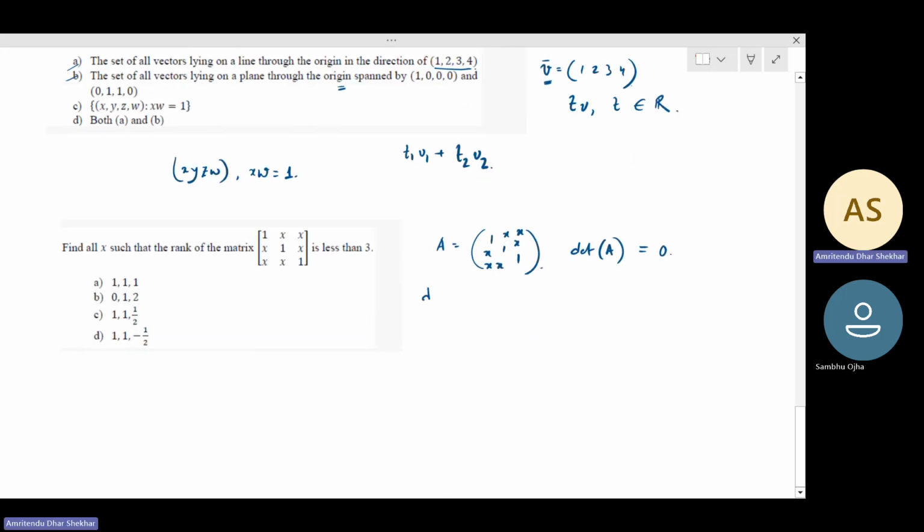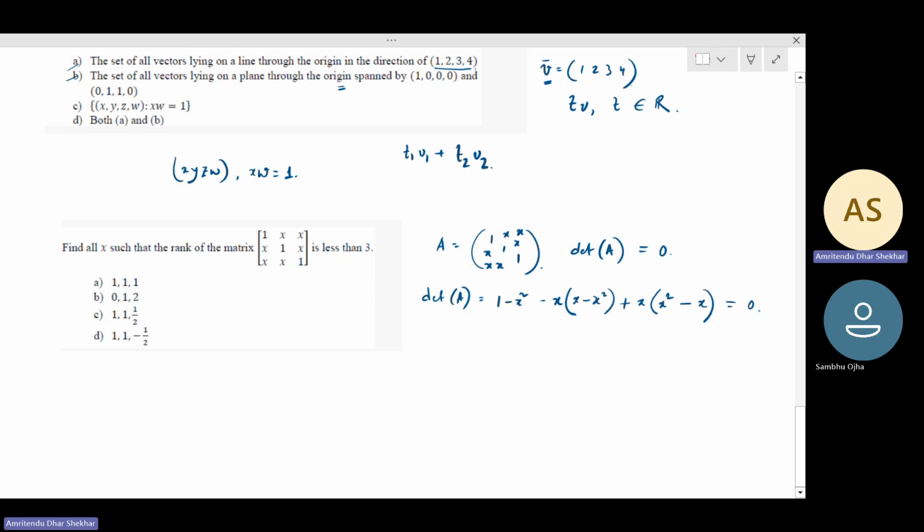So determinant of A is equal to 1 minus x squared, minus x, and here you have x minus x minus x squared, plus x times x squared minus x.